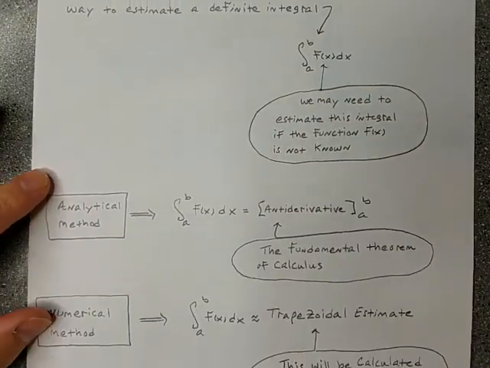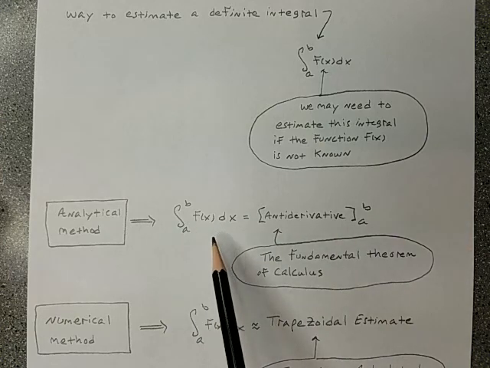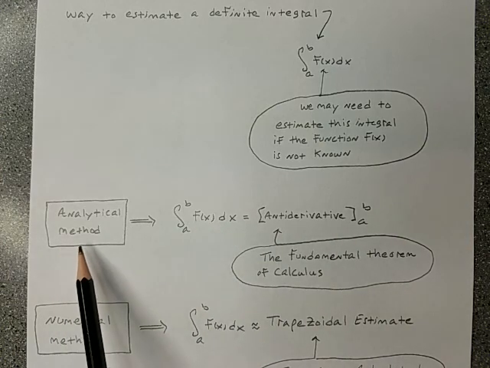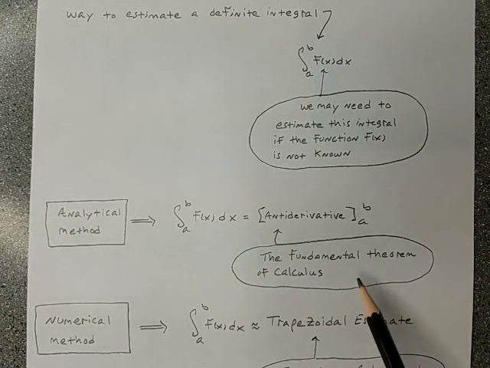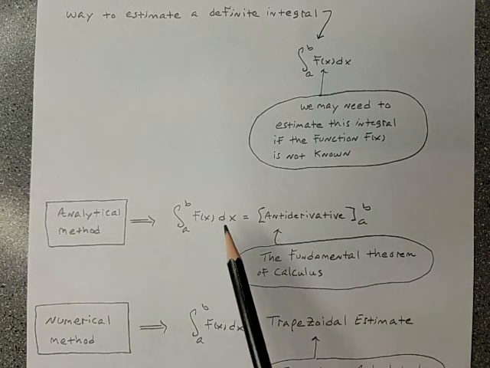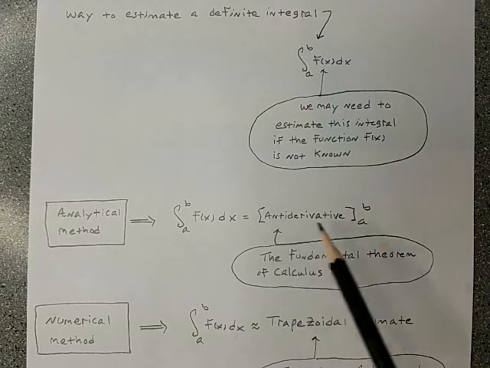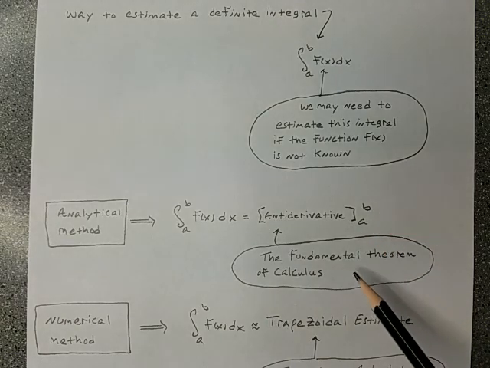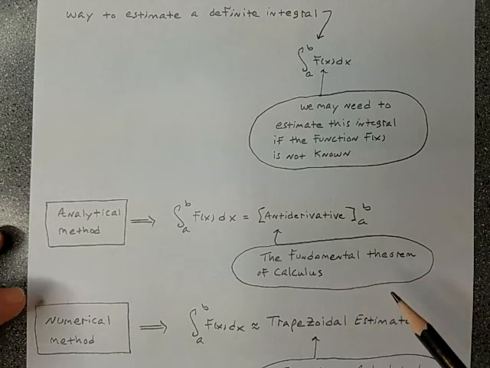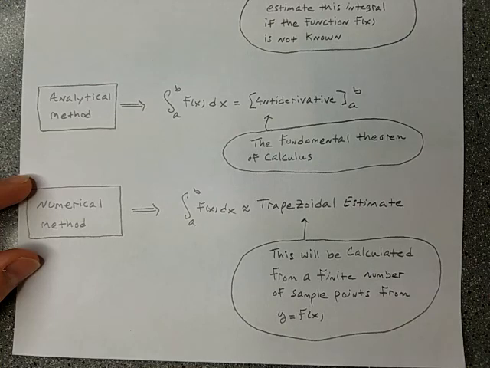So looking at the big picture for integrals, there are things called analytical methods. That's something like, say, if you use the fundamental theorem of calculus: you find the antiderivative of this function f of x, and you evaluate it between the bounds a and b, okay? In contrast to that, there are things called numerical methods.